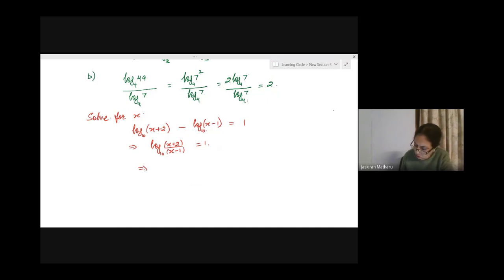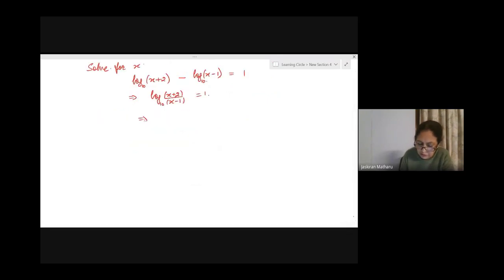Now using the definition of logarithm, we can say that x plus 2 upon x minus 1 is equal to 10 raised to the power 1, or it is equal to 10. So now, cross multiplying, we get x plus 2 is equal to 10x minus 1, or x plus 2 is equal to 10x minus 10.